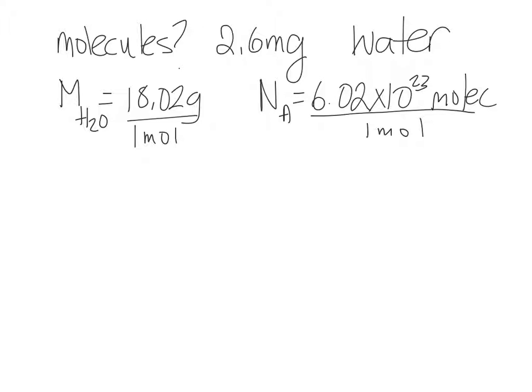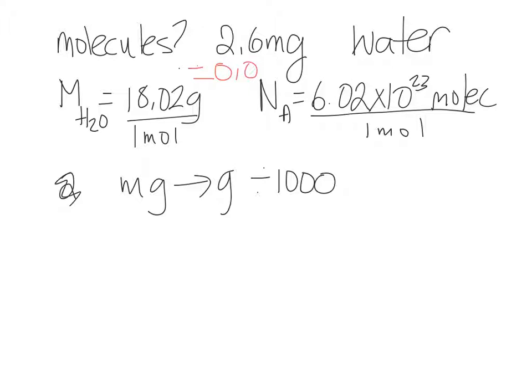To make your life easier, convert milligrams to grams right away, unless you want to put the ratio in. So milligrams to grams, divide by 1,000. Okay? If you're going grams to milligrams, then you're going to multiply by 1,000. So, we know we've got 0.0026 grams. So there's our information.